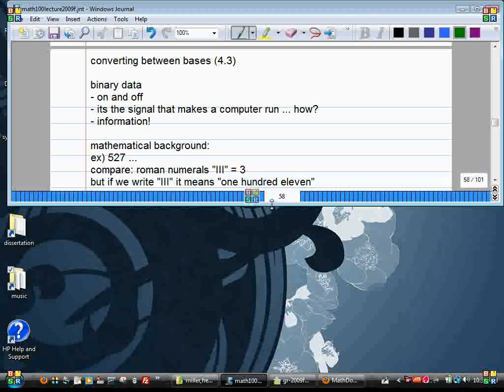So what's the difference between the line meaning 3 and the line meaning 111? Yes, the difference is the place value.